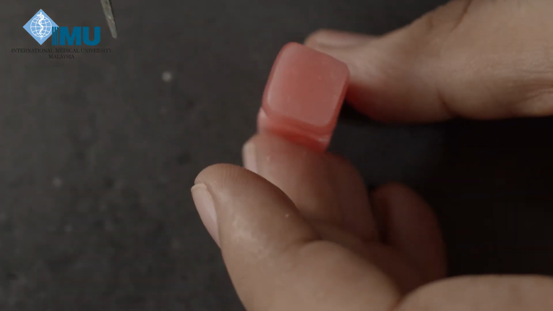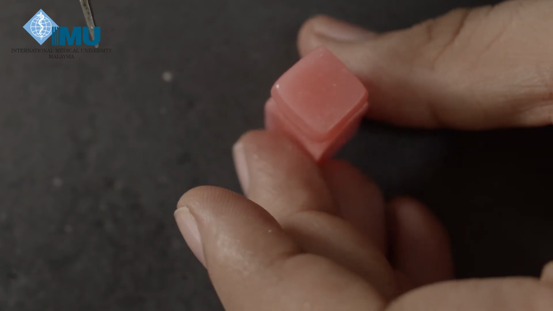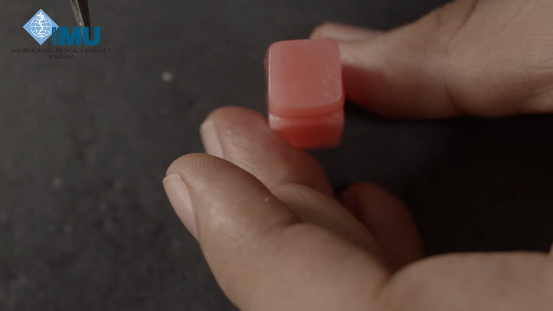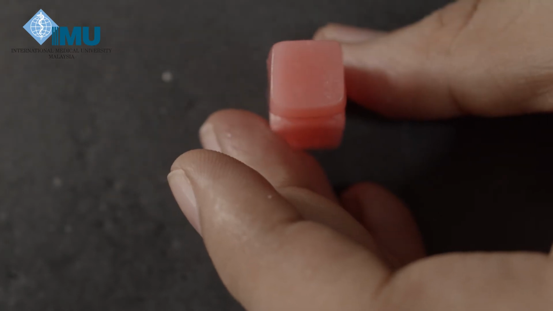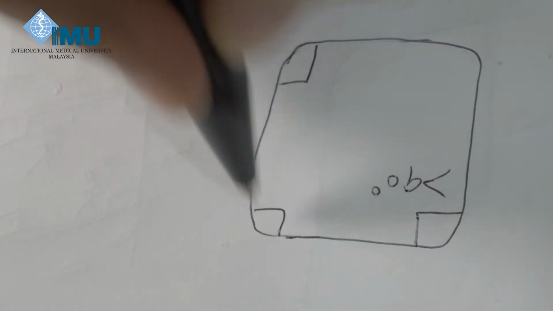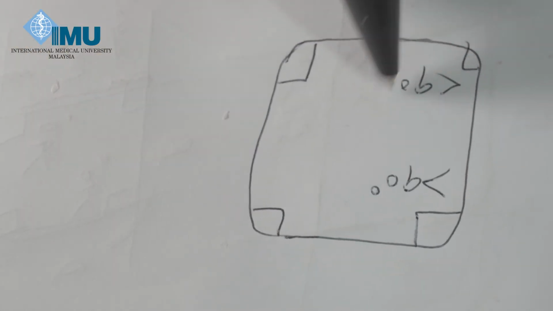If we notice the maxillary first molar from the occlusal aspect, there are two separate angles. Let me explain with a piece of paper here. If you see the maxillary first molar occlusal surface, it's kind of a rhomboid shape with two angles more than 90° and two angles less than 90°.